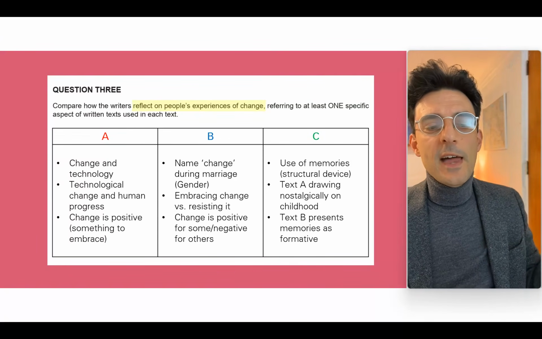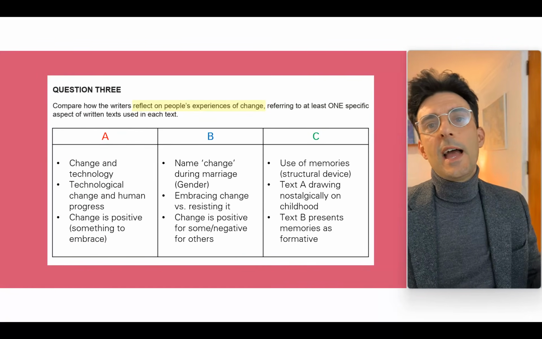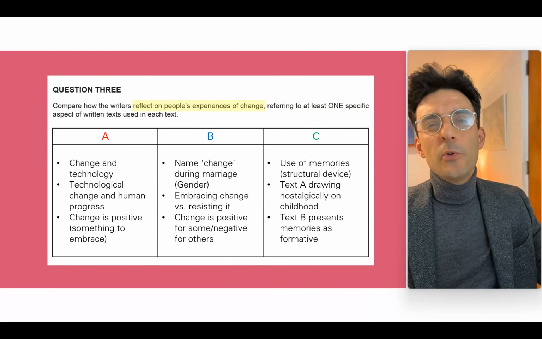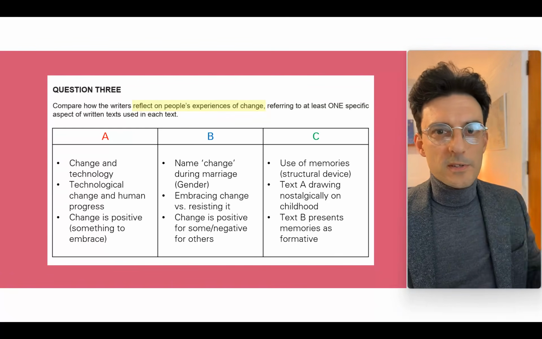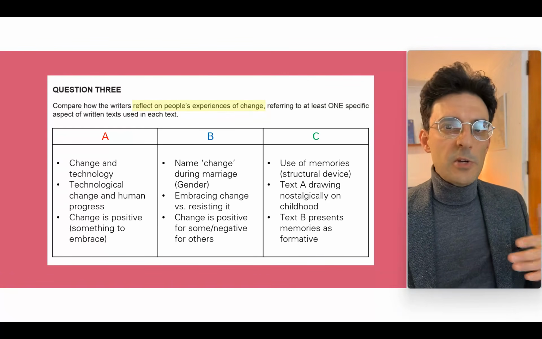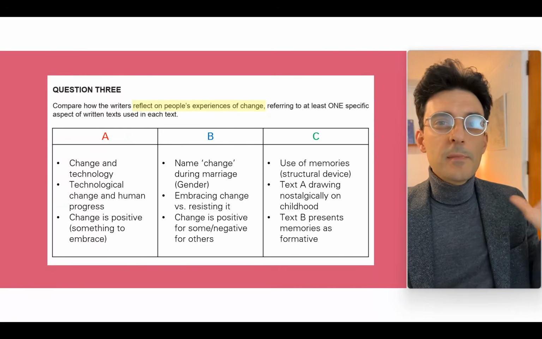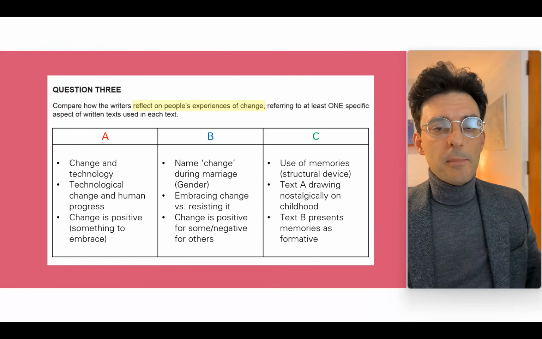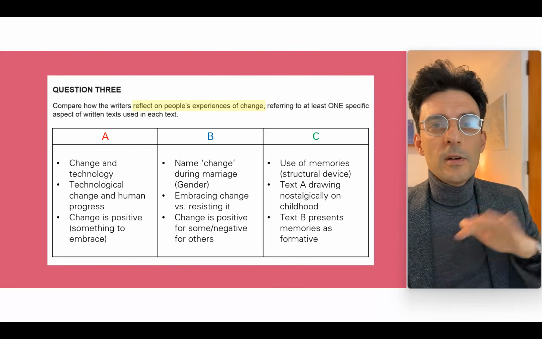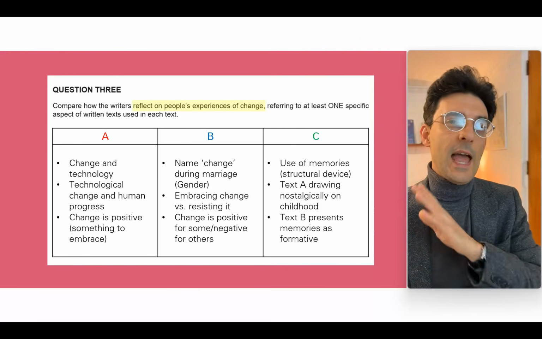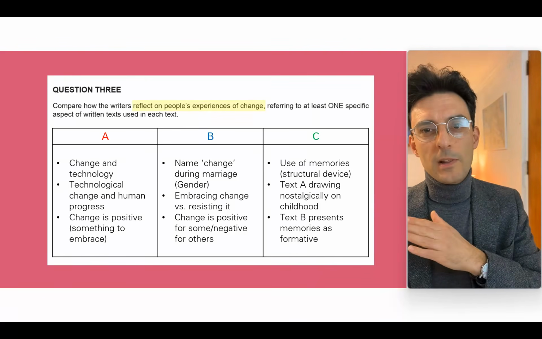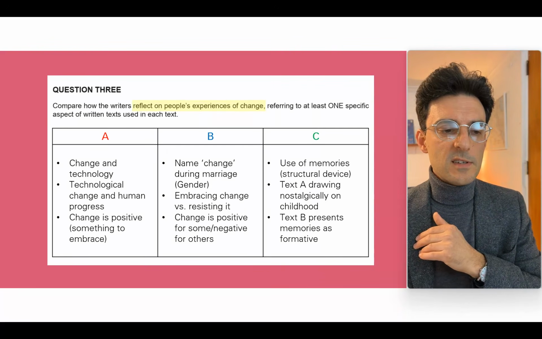And text B is looking at how the memories of her teacher were really formative in her political opinions about what it is to take somebody else's name when you get married. So that's something that both texts are doing, which I've picked up on. So you can see in each of my columns, column A is dealing with text A, column B is dealing with text B, and C is looking at some kind of overlap that I've picked up in both instances.